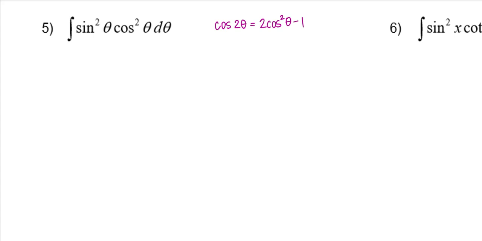And if you solved this identity for the cosine squared theta, I would add 1 and then divide by 2, so it looked something like so. And all it's doing, it is not a new identity. It was taking the double angle identity that we knew previously and just solving it for, instead of the double angle, solving it for the squared.